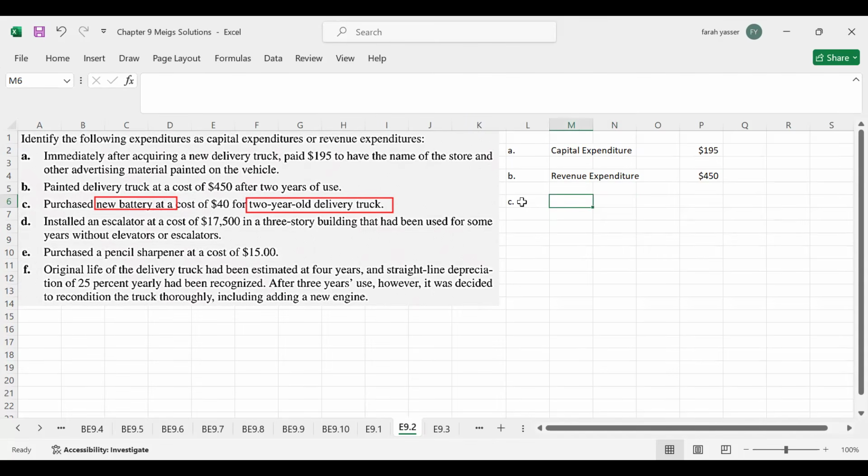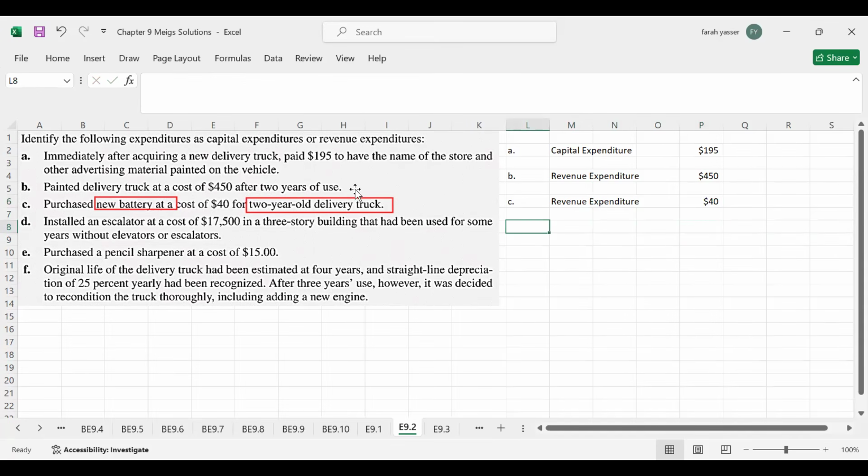The new battery will not increase the life of the delivery truck, or the miles per hour, or the running capacity, but the battery is necessary for routine working or for maintenance. So the cost of the new battery is a revenue expenditure. $40.